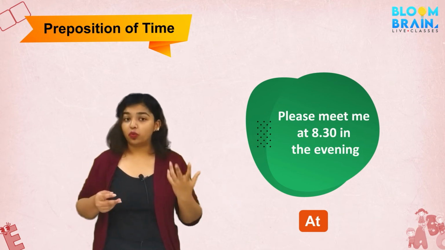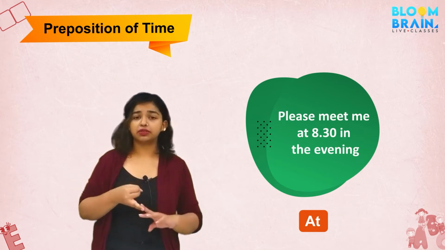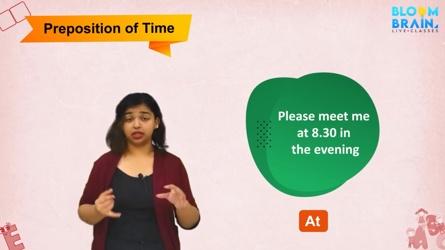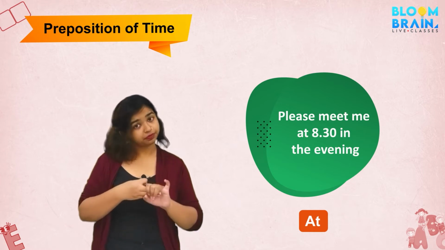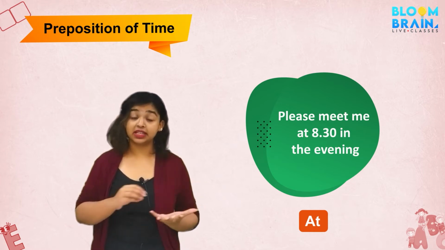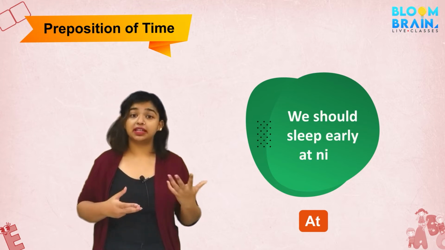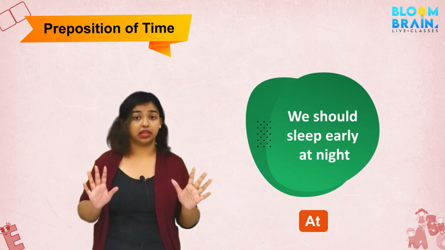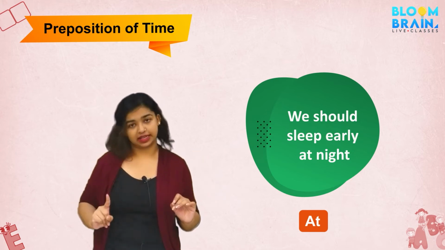Whenever we are talking about any part of the day, so morning, evening, afternoon, night is an exception. I'll come to that. So in the morning, in the evening, in the afternoon. But with night, it's always at night. We should sleep early at night. At night, not in night. In the evening, in the morning, in the afternoon, at night.